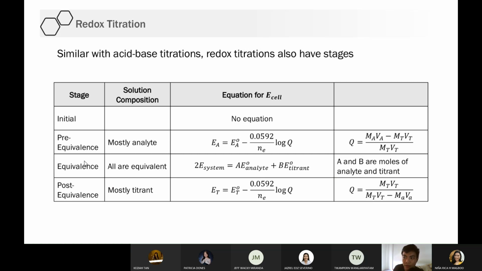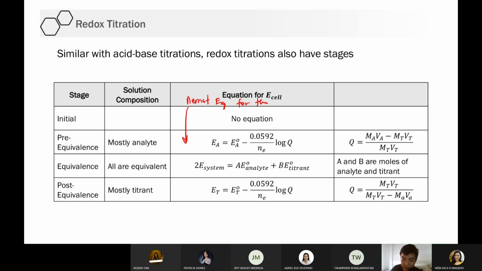So we will have the pre-equivalence, equivalence, and the post-equivalence point. At pre-equivalence, mostly your solution is composed of analyte. So the equation to be used is the Nernst equation for the analyte.